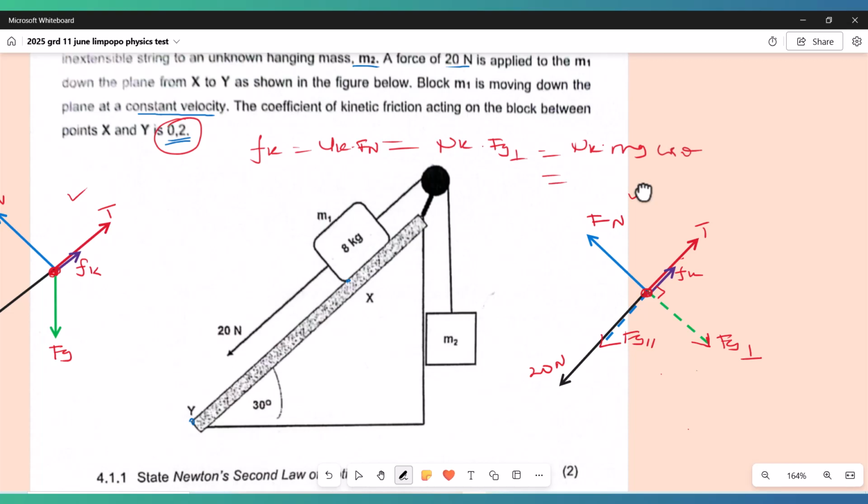So the coefficient given to me was 0,2. What about the mass? It is 8. What about the g? It's 9,8. What about the theta? It is this 30. I'm going to say cos of 30.